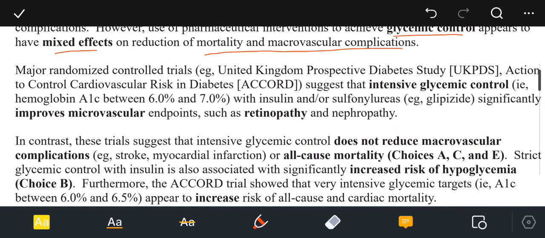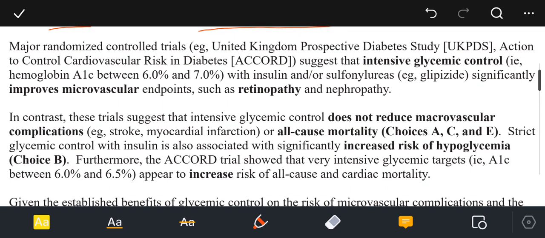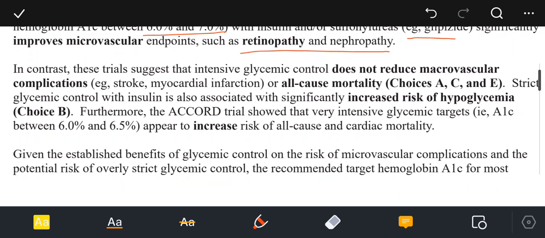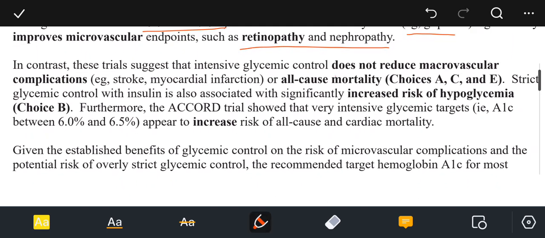Major randomized controlled trials, for example, the United Kingdom Prospective Diabetes Study, UKPDS, and Action to Control Cardiovascular Risk in Diabetes, ACCORD, suggest that intensive glycemic control, that is hemoglobin A1C of 6 to 7% with insulin or sulfonylurea, for example, glipizide, significantly improves microvascular endpoints such as retinopathy and nephropathy. In contrast, these trials suggest that intensive glycemic control does not reduce macrovascular complications like stroke and myocardial infarction or all-cause mortality.